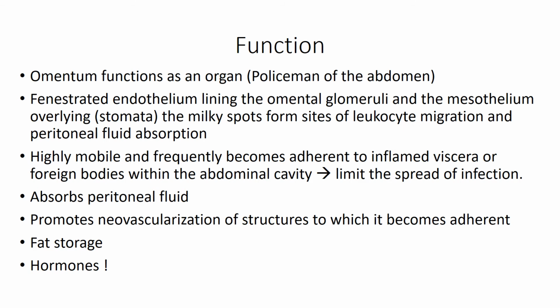Now we have discussed it has a rich vascularity, and the capillaries in them have fenestrated endothelial cells, and they also form a rounded formation known as omental glomeruli. These omental glomeruli are lined by fenestrated endothelium, and the adjacent mesothelium is also fenestrated, and they form the peritoneal stomata.